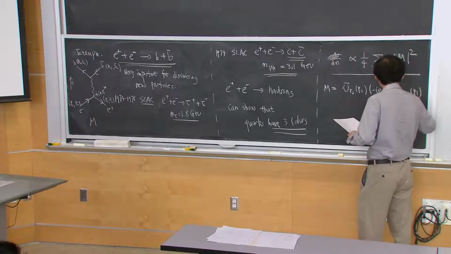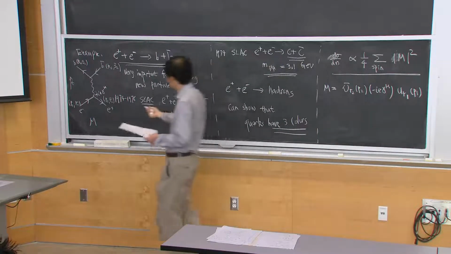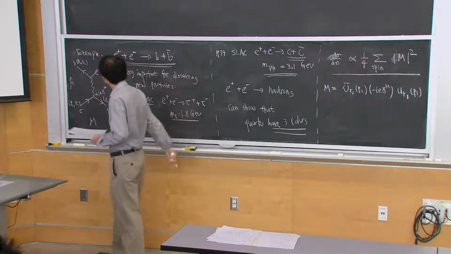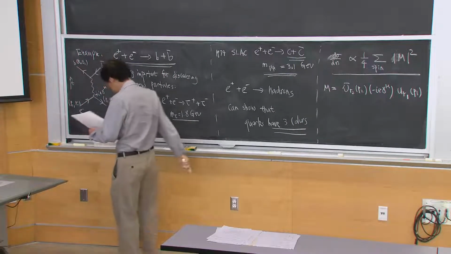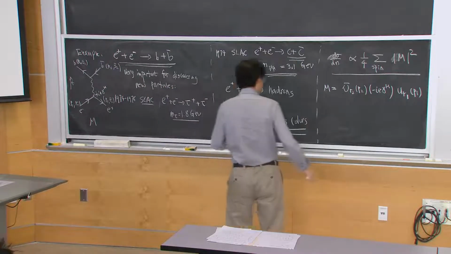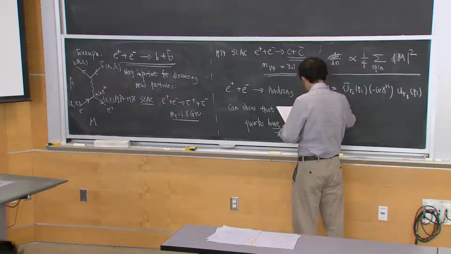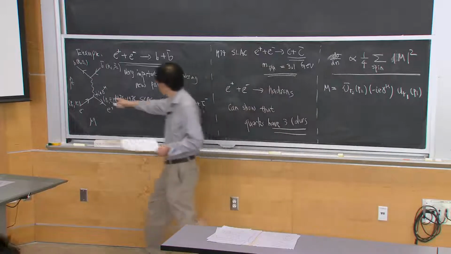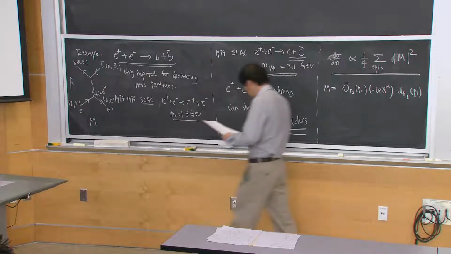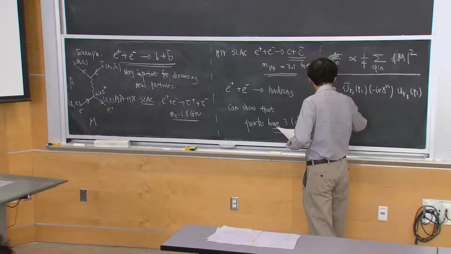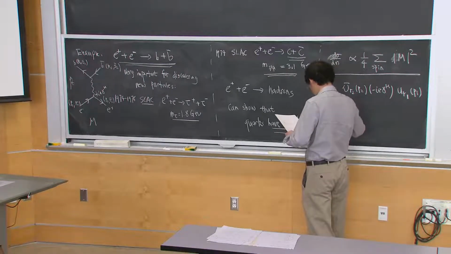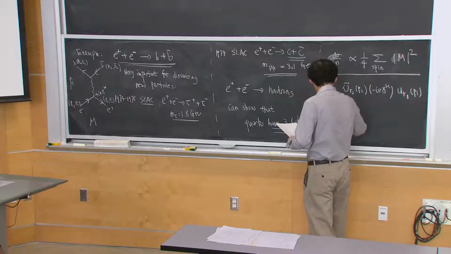This comes from this fermionic line. Also, we have the propagator for the photon. Let's take the xi equal to 1 gauge, the Lorentz gauge.